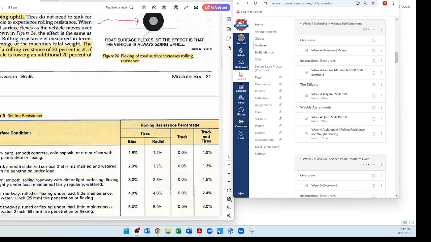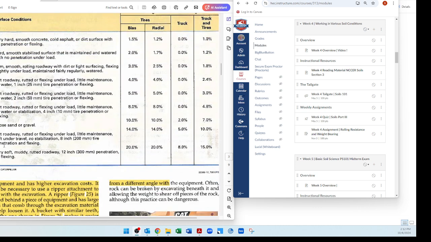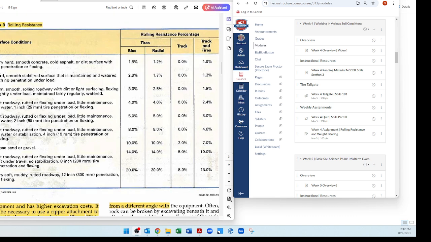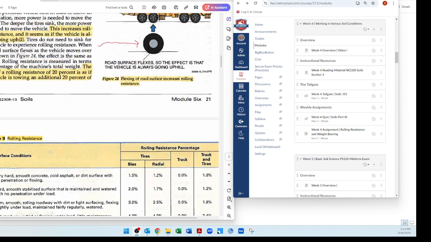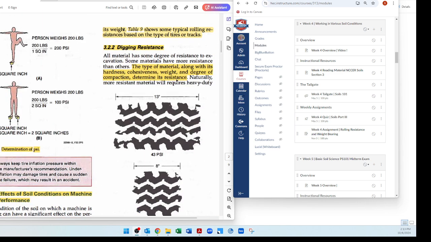Let's read this. The effect of a rolling resistance of 20% is as if the vehicle is towing an additional 20%, with more equipment and higher excavation costs. It may be necessary to use a ripper attachment to help with the excavation, a ripper. Now, this is talking about digging, so this right here should go up to digging resistance.